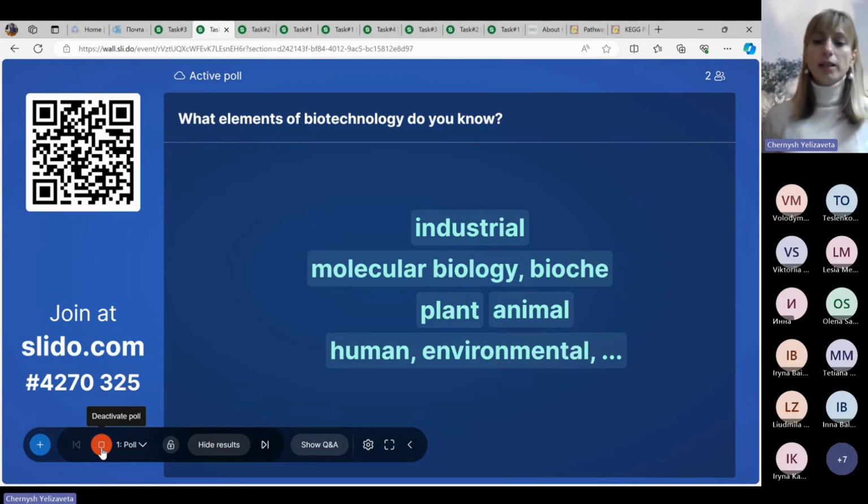It can be different according to the technology, according to the branch of biotechnology. In medicine, it can be antibiotics or probiotics, hormones, different enzymes. In biogas technology, it can be biogas and digestate as products that we can get.